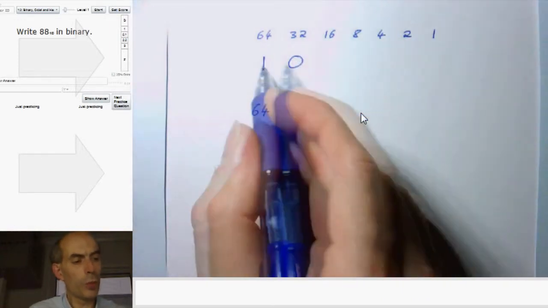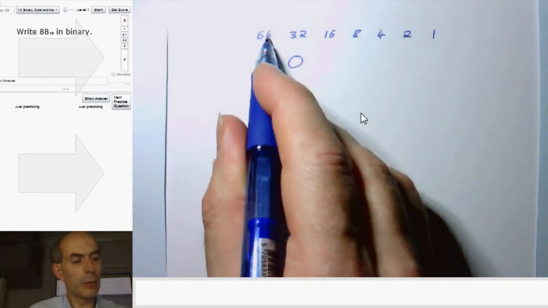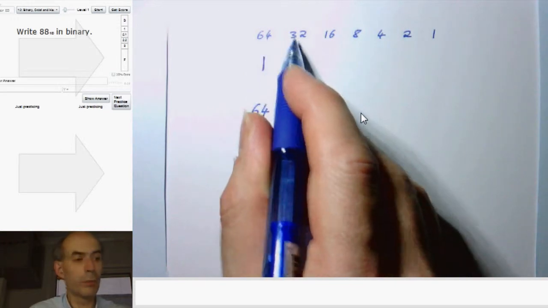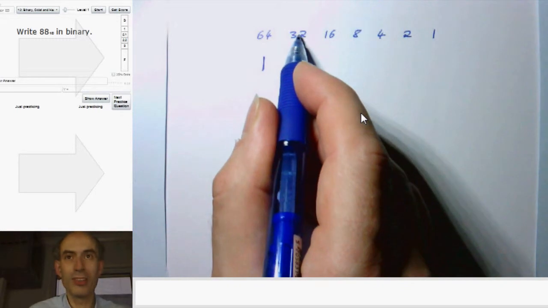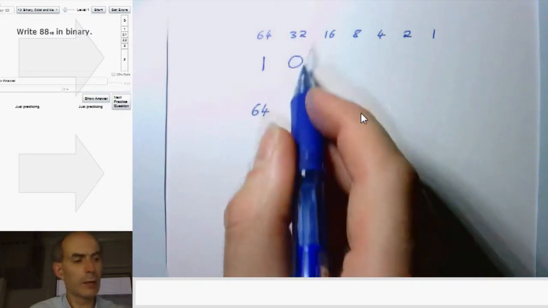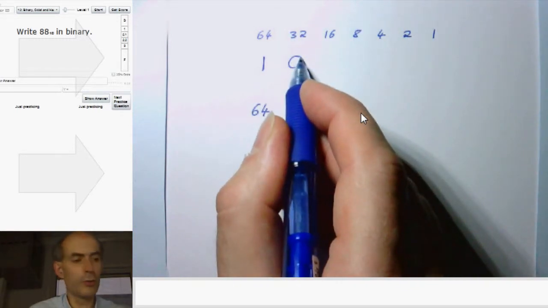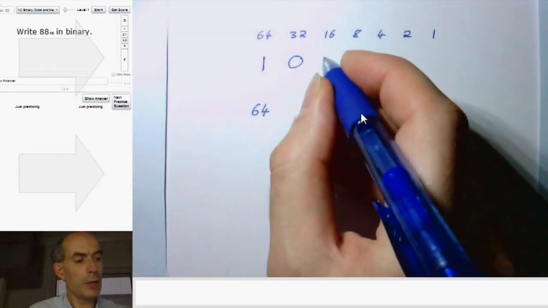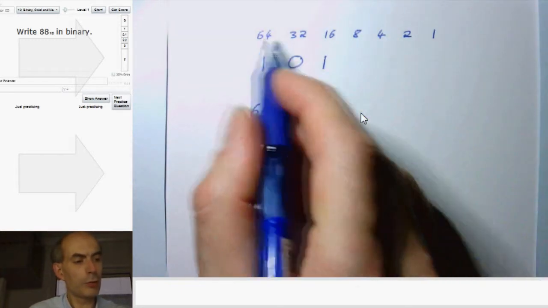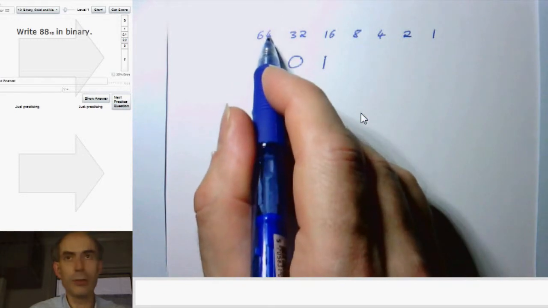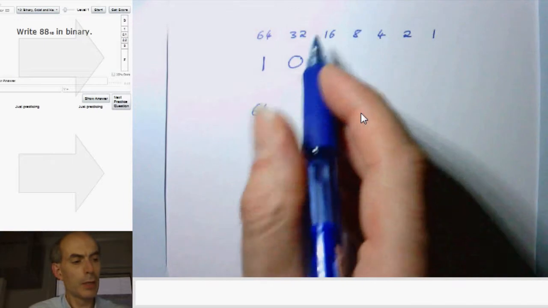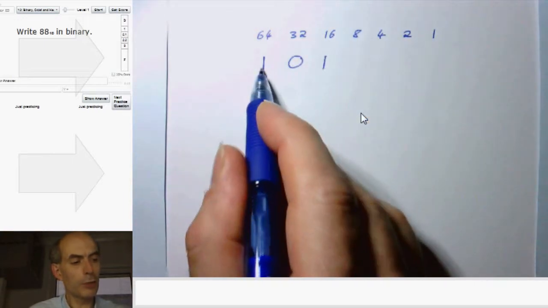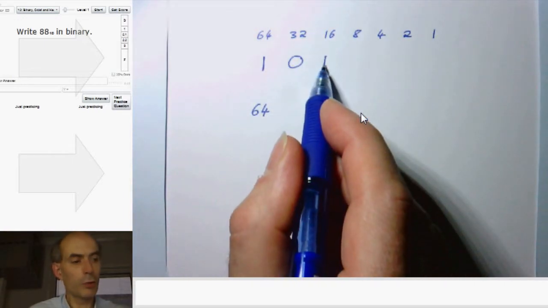If we started 1, 1, that would make 96 or bigger, because 64 plus 32 is 96, and that's too big, so there's no 32 in this number. However, there is a 16, because 16 plus 64 is 80, and we're trying to get 88, which is bigger than 80. So if we put those two in, a 64 and a 16, we've got 80.